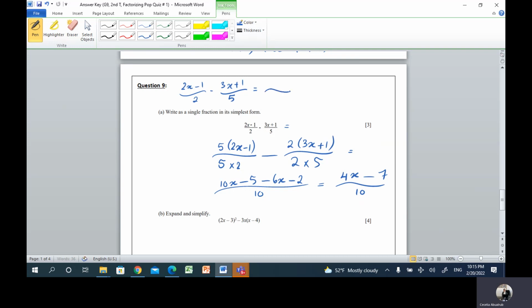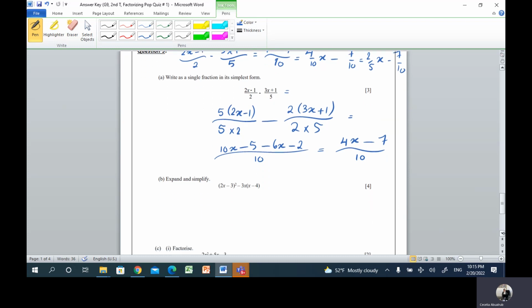So it's equal to 4x minus 7 over 10, which is 4 over 10x minus 7 over 10, which, if we simplify, dividing by 2, will be 2 over 5x minus 7 over 10. We can write the answer in many different ways.